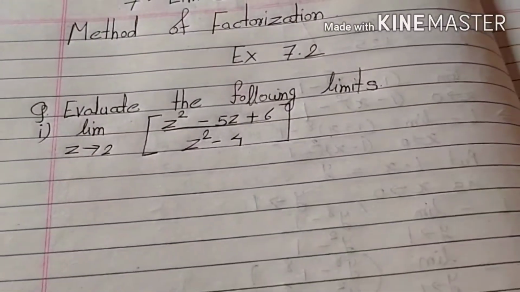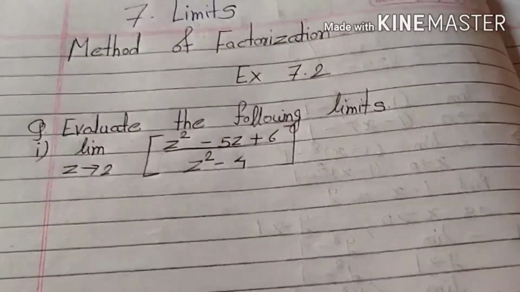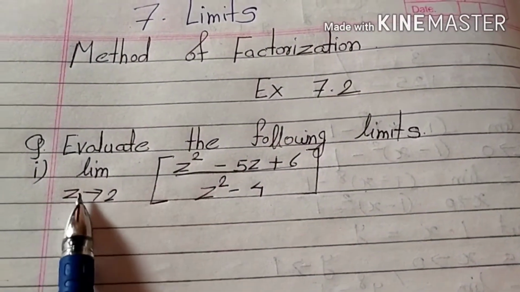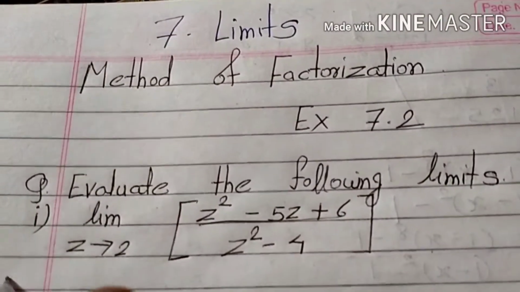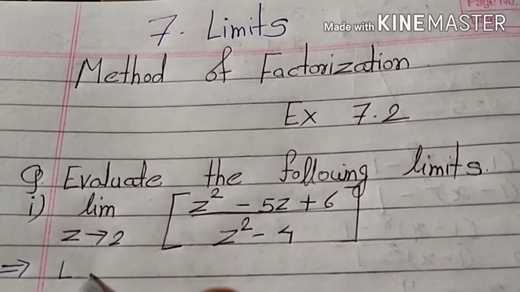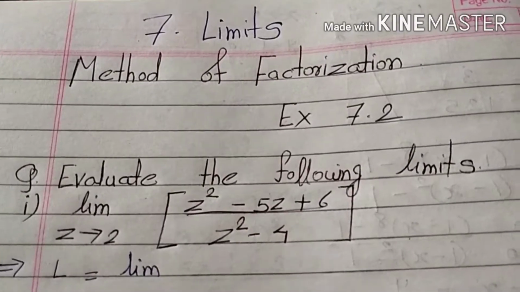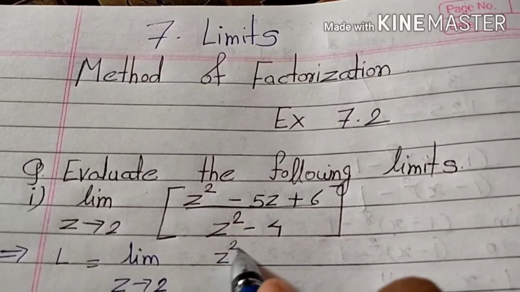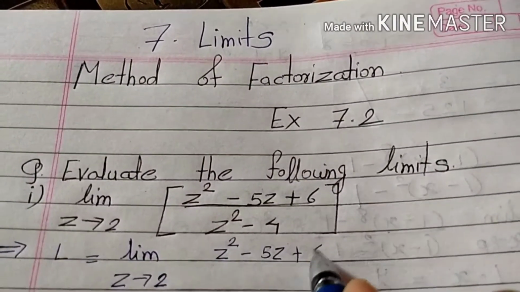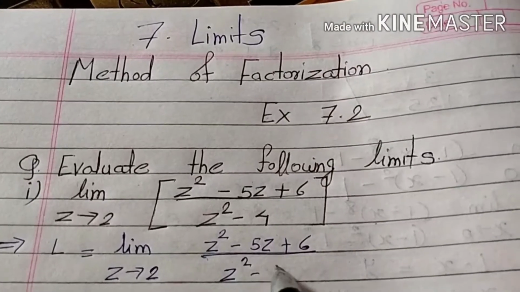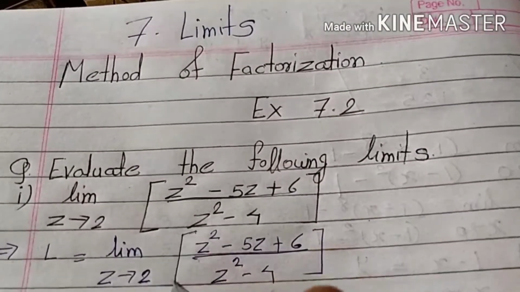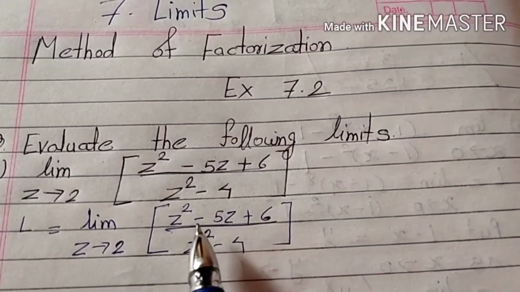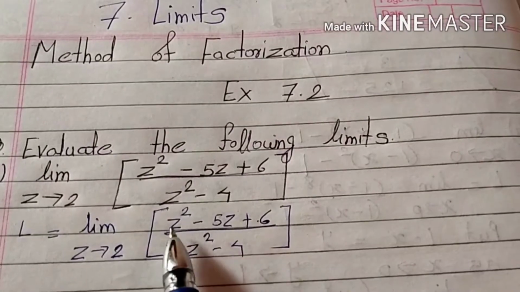Now let us start to solve exercise 7.2 and our first example is this. Here we first take it as L. L means limit. So L is equal to limit z tends to 2, and write it as... Now you know that this is a quadratic equation and you have to find the factors of this quadratic equation.